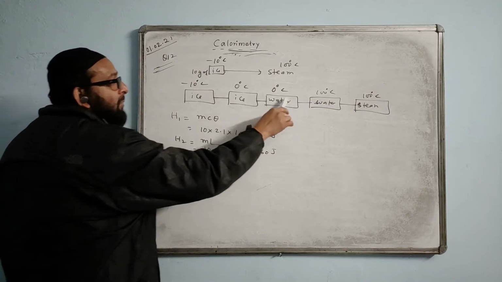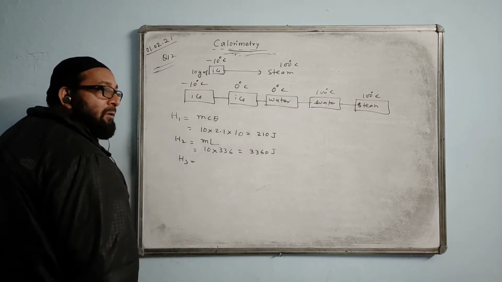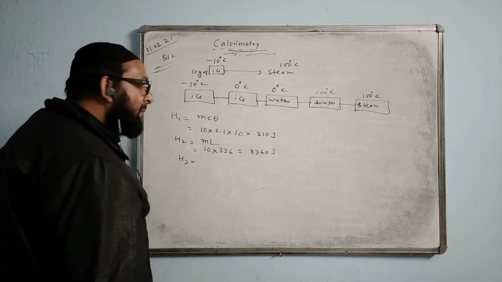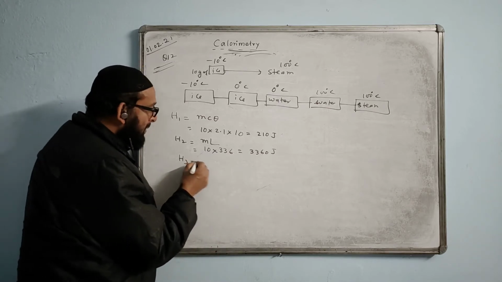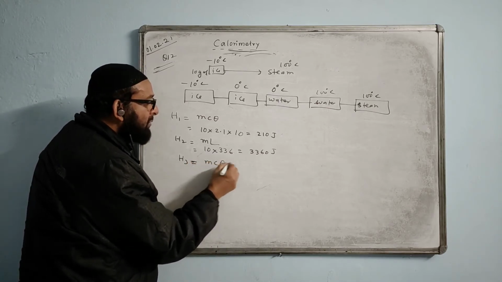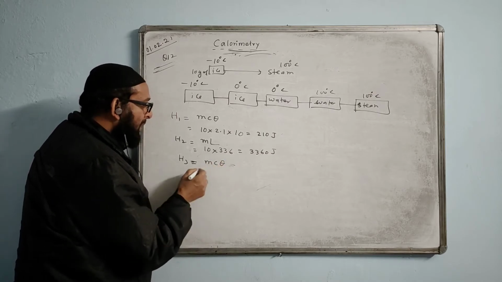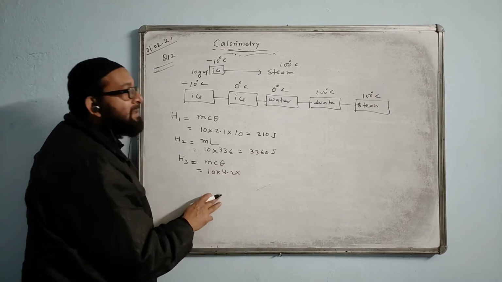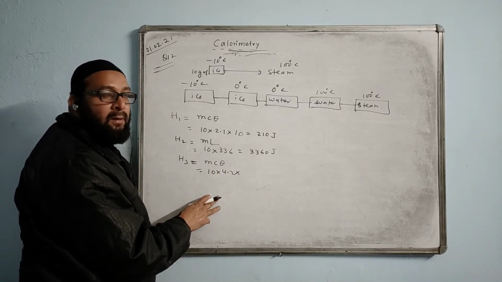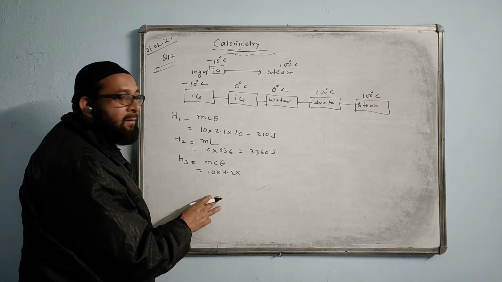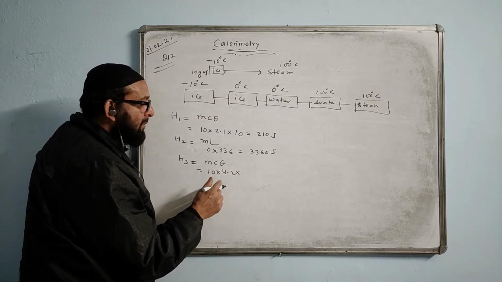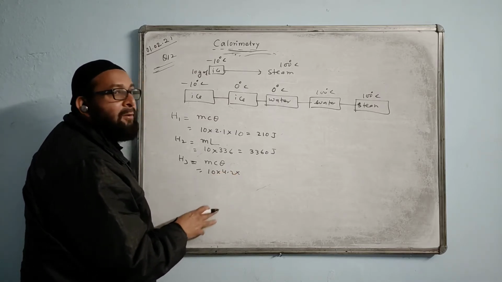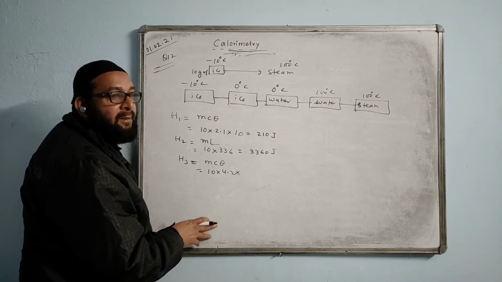H3, which formula now? From here to here, what formula will apply? MC theta or ml? MC theta, because only a rise of temperature is taking place. Mass is 10, specific heat of water is 4.2, theta is the temperature difference. What is the temperature? 0 is bigger or 100 is bigger?